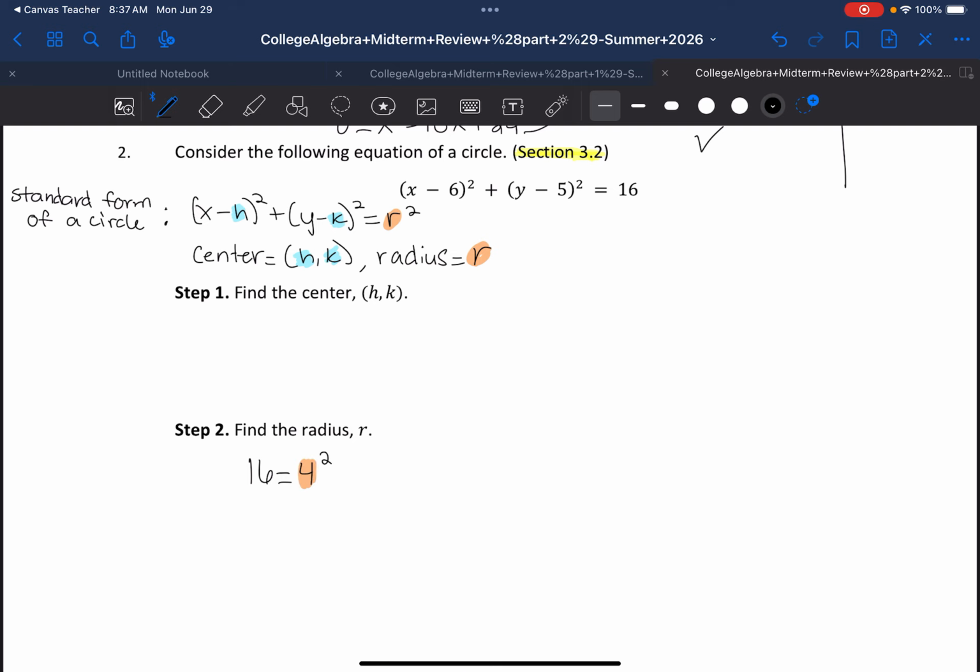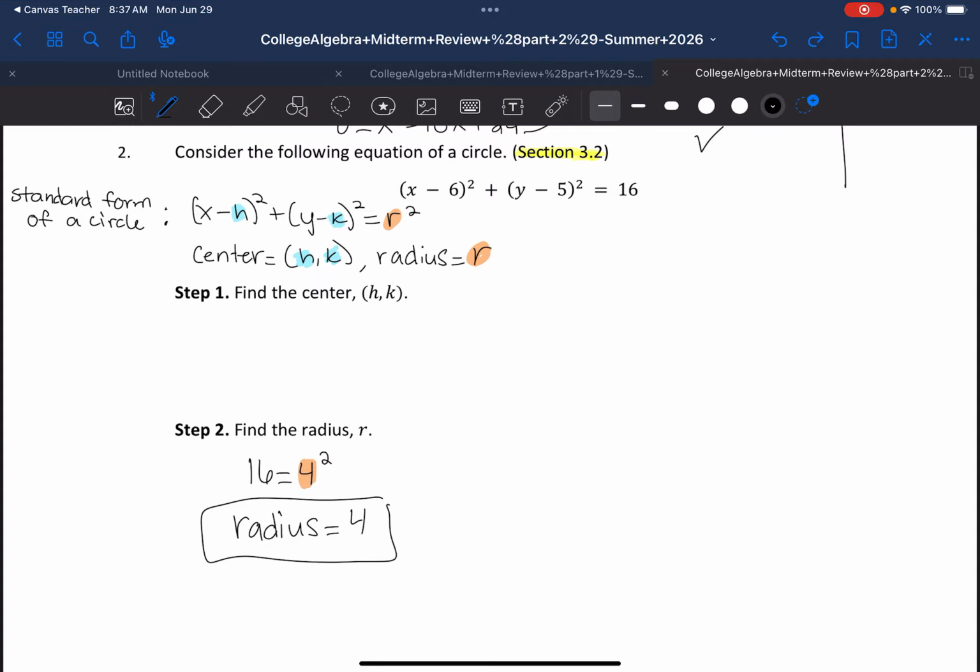So the radius is equal to 4, not 16. You're just asking yourself, what times itself will give me that number? And that is how you find the radius.